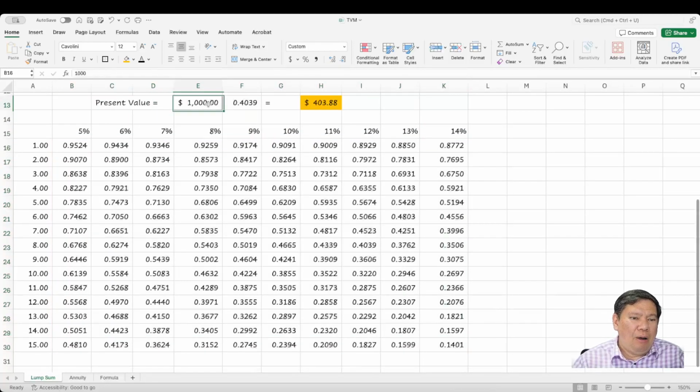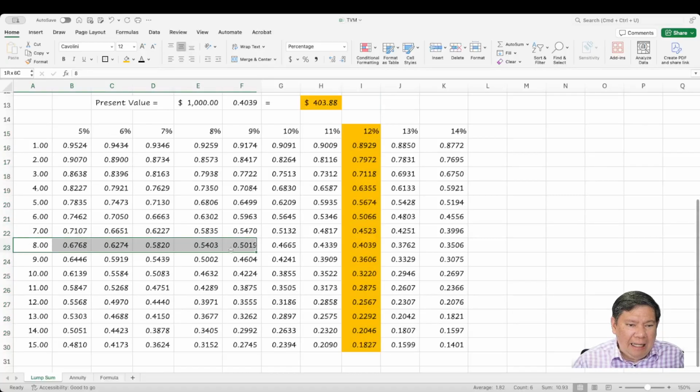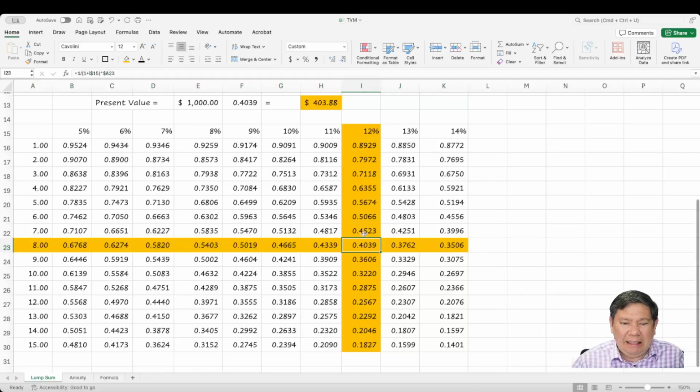Now we want to know the present value of $1,000 8 years from now when the interest rate is 12%. So we go to 12% and we go to 8 years, the row, like that. So we get 0.4039, which is exactly that amount.